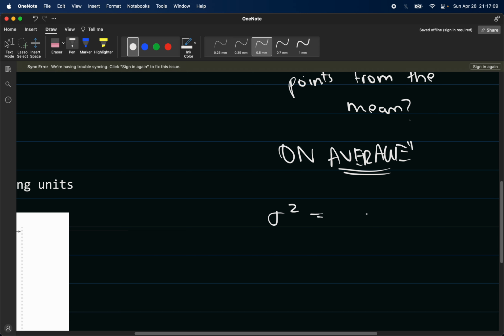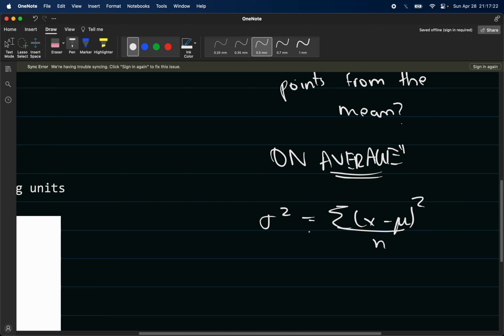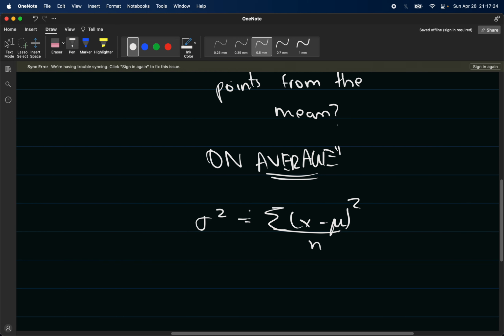So it'll make a little more sense if I give the formula. So this formula for standard deviation is, oops. Okay. So this is the formula for variance, not standard deviation. This is the formula for variance. And as you can tell, it looks kind of like a mean, right? Except it's measuring how far your values are on average from the mean, just like this does.